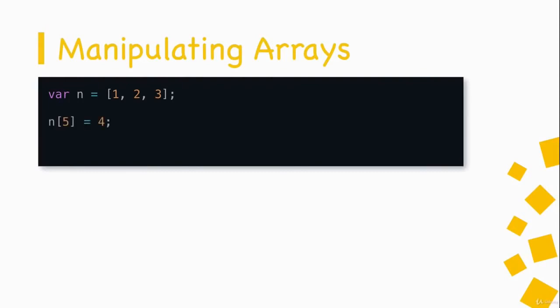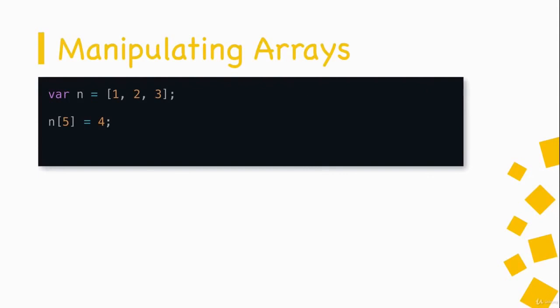Now, if we type in n square bracket 5 equals 4, which means we're accessing the element with index 5 and assigning it a value 4. Now, an element with index 5 doesn't actually exist because the array only has 3 elements, right? So we have index 0, we have index 1, and we have index 2. Index 5 is so far away. It doesn't actually exist yet, but we can nonetheless assign a value to it.